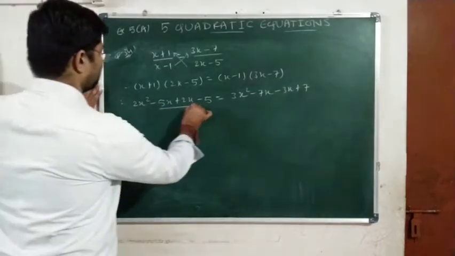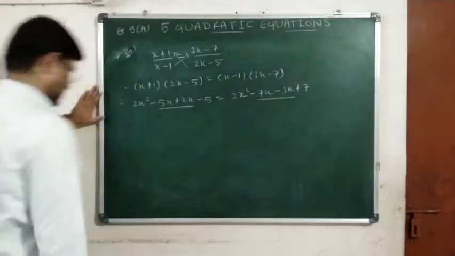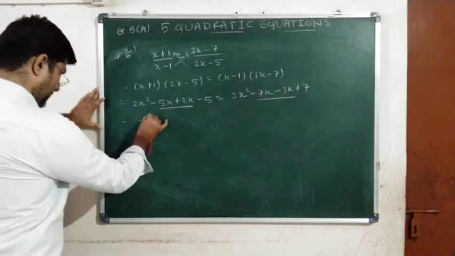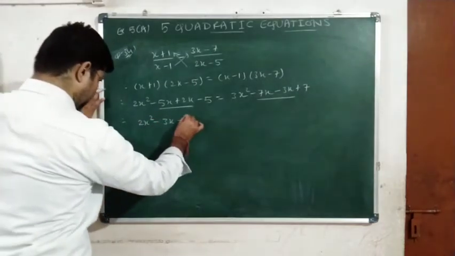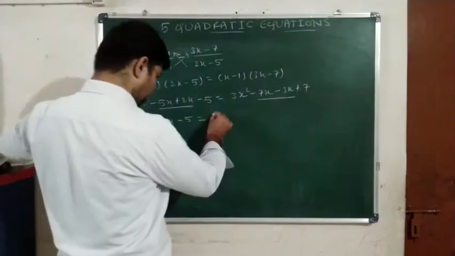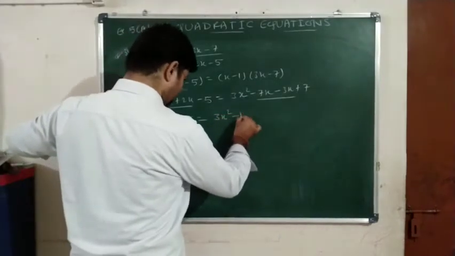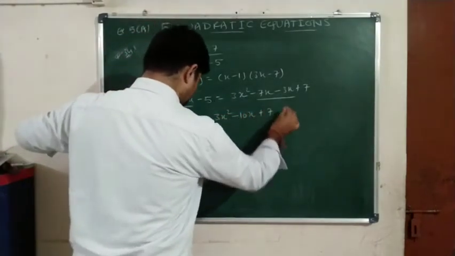Okay, now these like terms we can solve, yes or no? Therefore 2x square minus 3x minus 5 is equal to 3x square minus 10x plus 7.